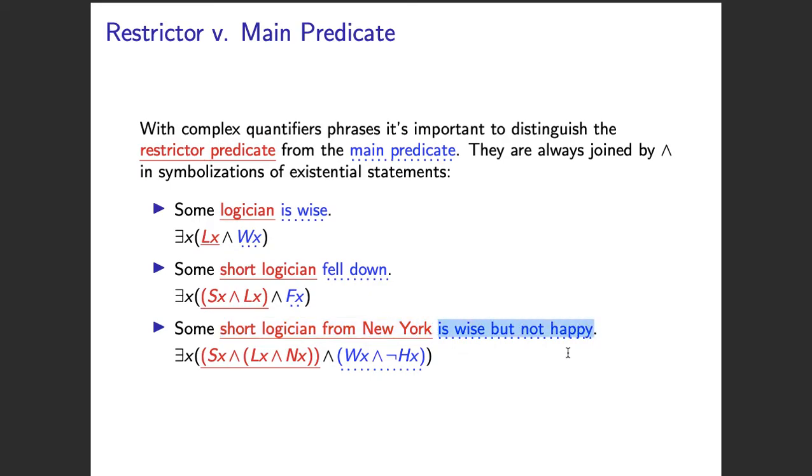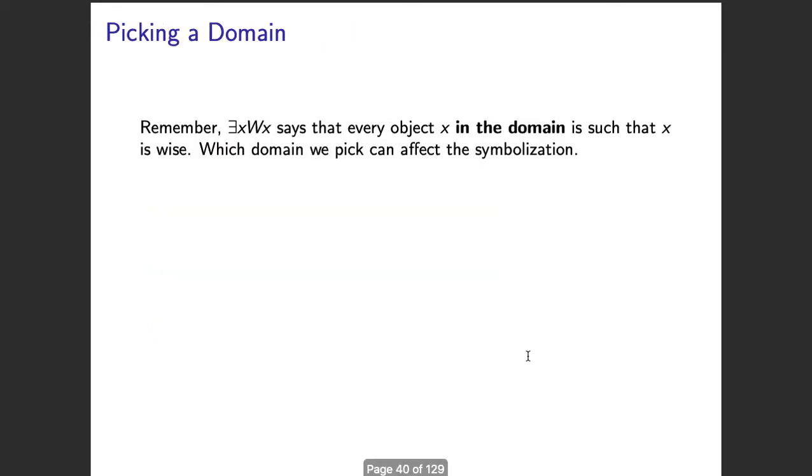It's important to distinguish those, because when you're symbolizing with the existential quantifier, the restrictor and the main predicate are always joined through a conjunction sign. You just write whatever the restrictor predicate is, in this case short logician from New York, using S for short, L for logician, and N for being from New York. That's our restrictor predicate, and it's then joined to the main predicate using a conjunction sign.